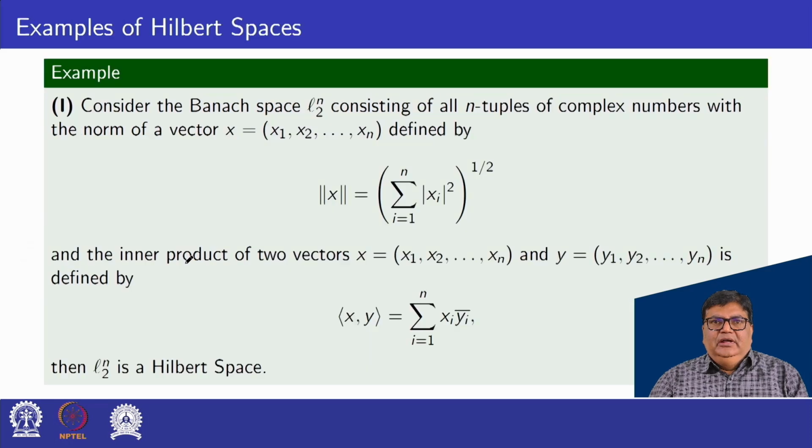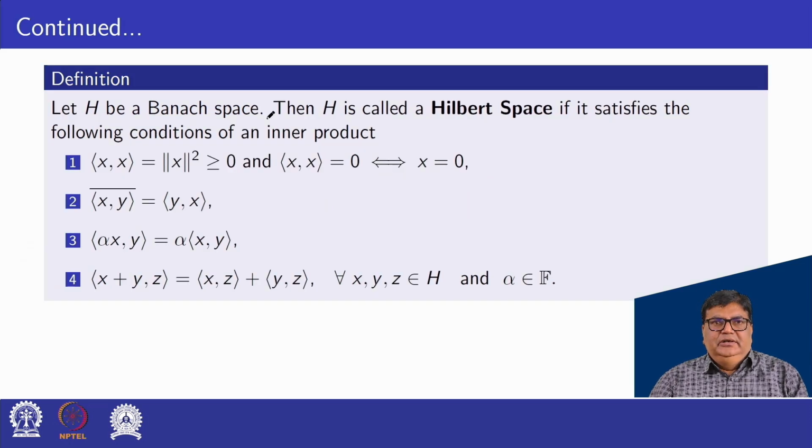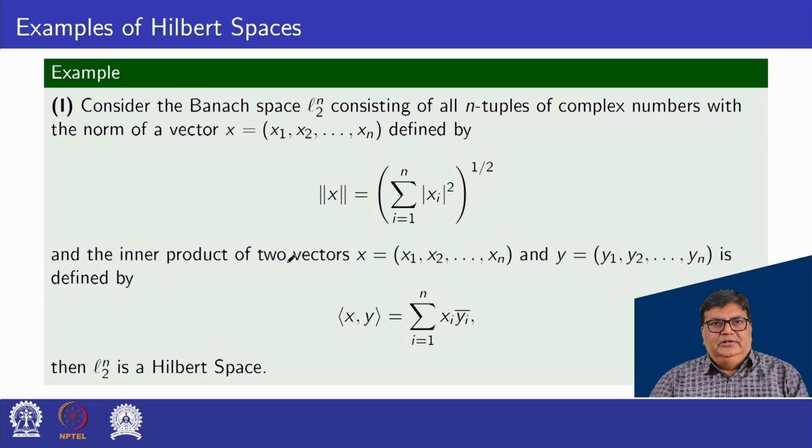And already we have discussed L2n is a Banach space. That is, L2n is complete. So as per the definition, if H is a Banach space and satisfies all the conditions of inner product, that is a Hilbert space. So L2n is a Hilbert space.